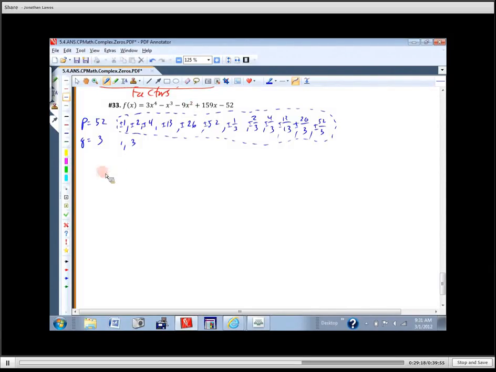Let's try 2. So we're going to put 2 in the box. Make sure all of the numbers, all of the powers and everything are represented. So this is going to be a 3, a negative 1, a minus 9, a 159, and a negative 52. Bring down, multiply, add.